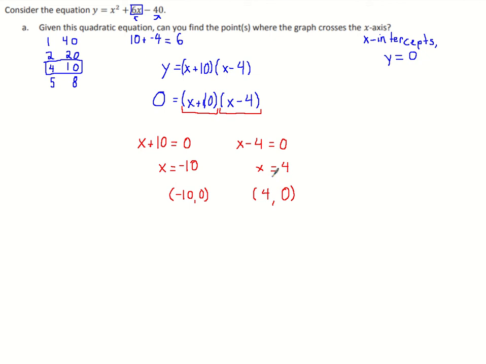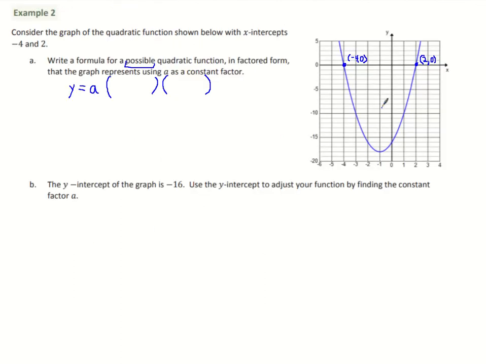So it is clear that when I have x plus a number, that number is going to be negative in my x-intercept. So that means that if over here I have a -4, then I'm going to have to add 4 to my x. Same works in reverse.